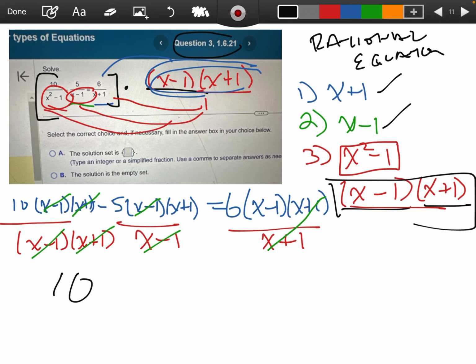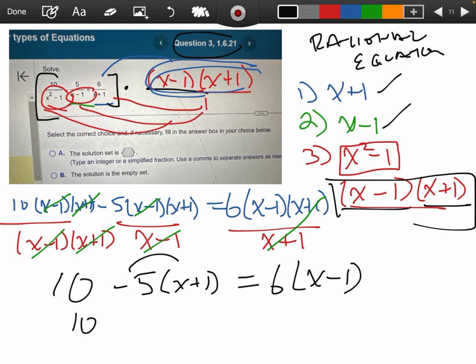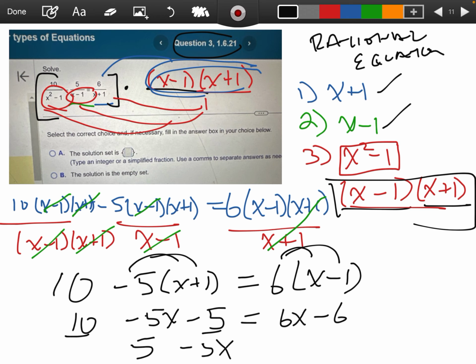We got a 10 minus 5 times (x plus 1) equals 6 times (x minus 1). So let me write my 10 here. That's a minus 5x. That is a minus 5. That is a 6x. That's a minus 6. Right here, y'all, we can say 10 minus 5 is 5. Minus 5x equals 6x minus 6.